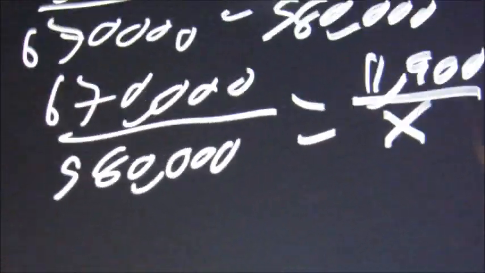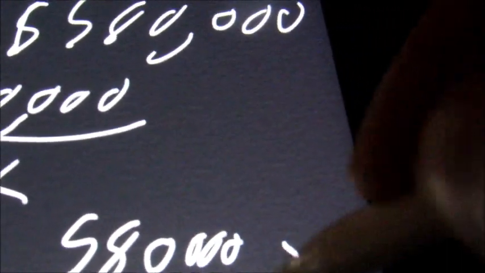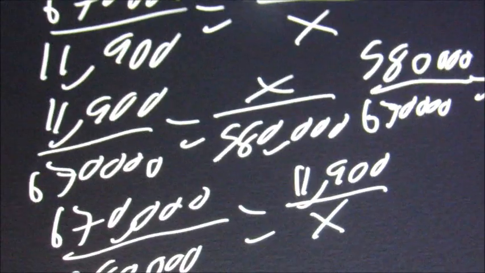And then I could flip this one as well and have 580,000 over 670,000 equals X over 11,900. So these are the right ways to do it.